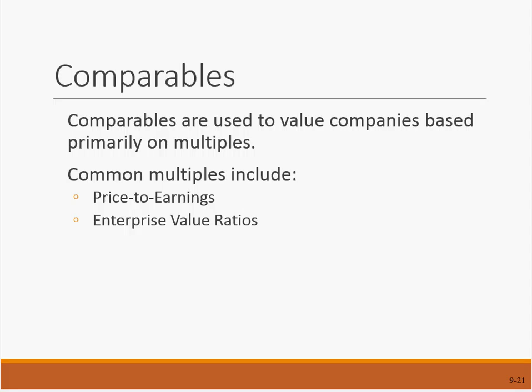Common multiples that are used to do comparables are price to earnings and enterprise value ratios. So an example of a price to earnings ratio, we've done them already in previous lectures, but if I have a firm in an industry, I can look at other firms in its industry and see if they have similar price to earnings ratios.